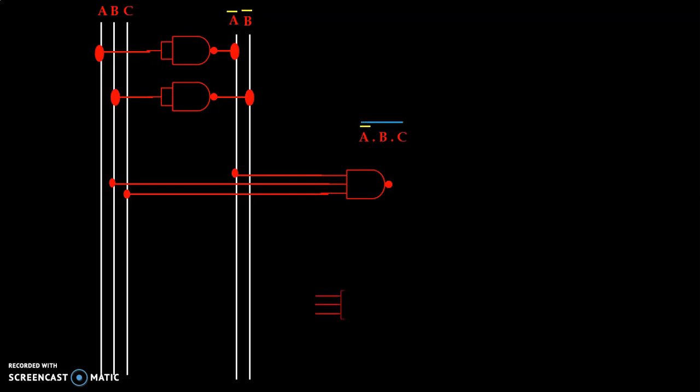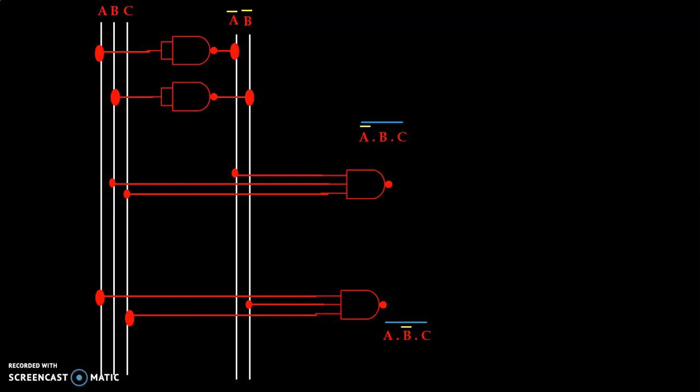In the same way we use a fourth NAND gate, that is also with 3 inputs. We use A as 1 input, B bar and C. So at the output we get A dot B bar dot C, and because we use a NAND gate we have a whole bar.